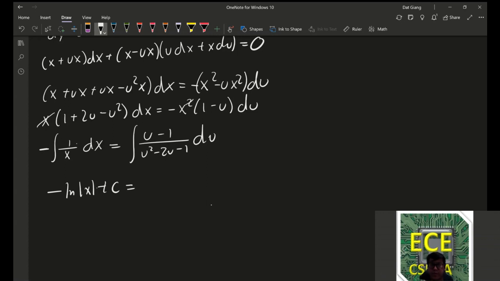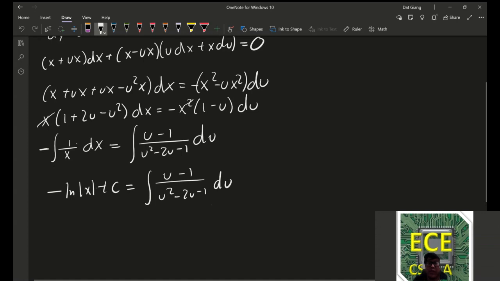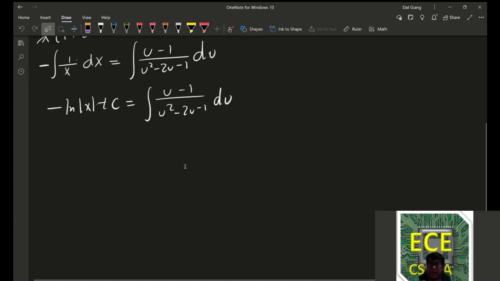So as such, we're able to first write it into this form. Now over here, we have to find what kind of substitutions we can use in order to solve for u. I'd say that a u substitution, or rather a t substitution, could work. Let t equal u squared minus 2u minus 1.